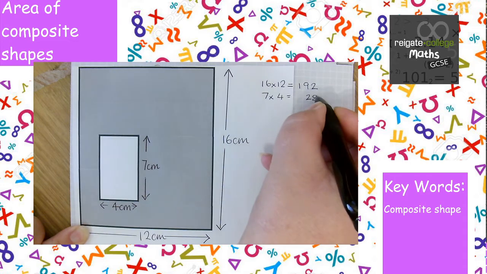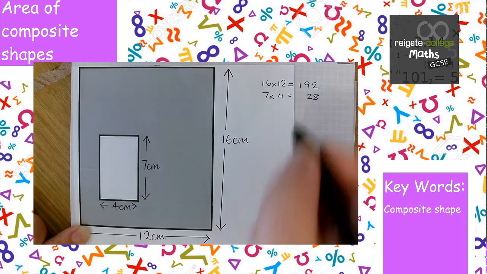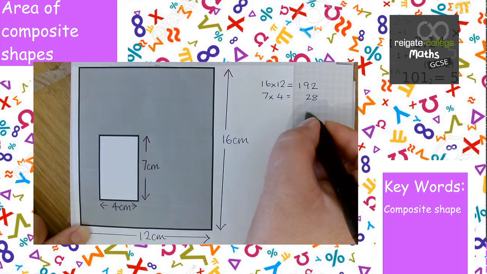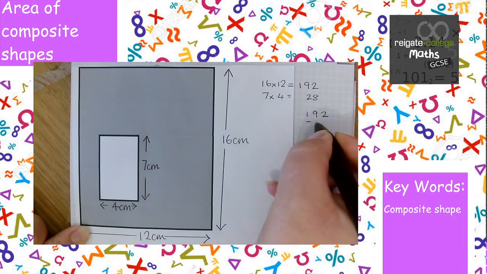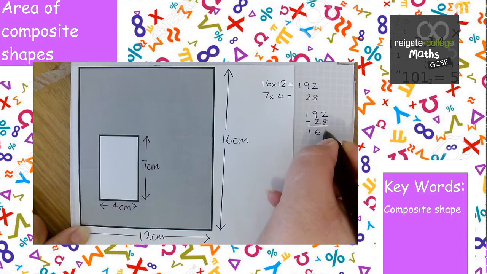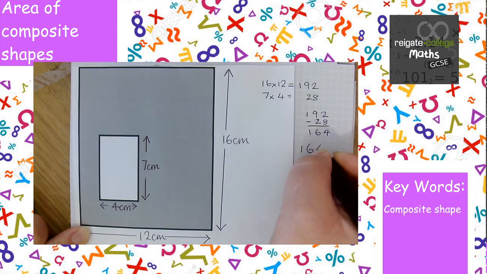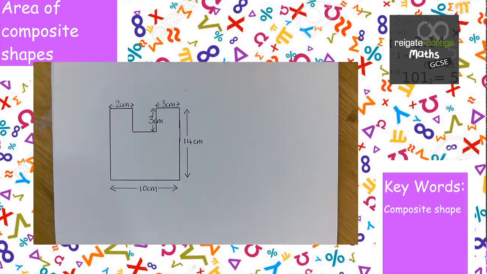That's 28. Our final sum, in order to work out the area of the shaded shape, is to subtract 28 from 192. We do that and we're left with an area of the shaded shape as 164 centimetres squared.